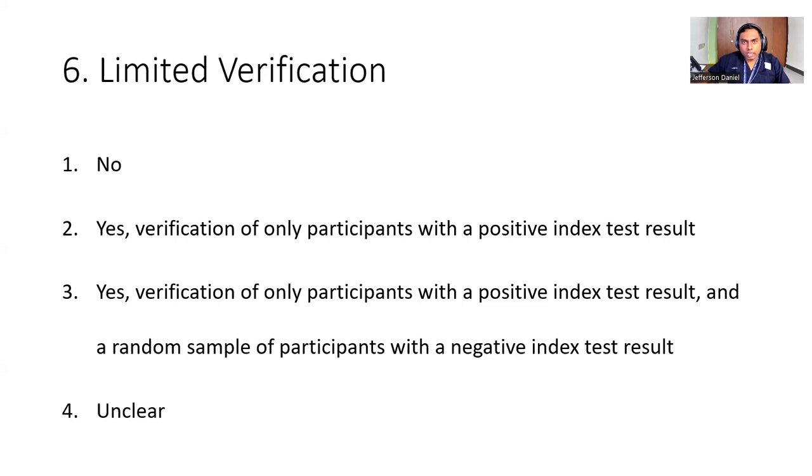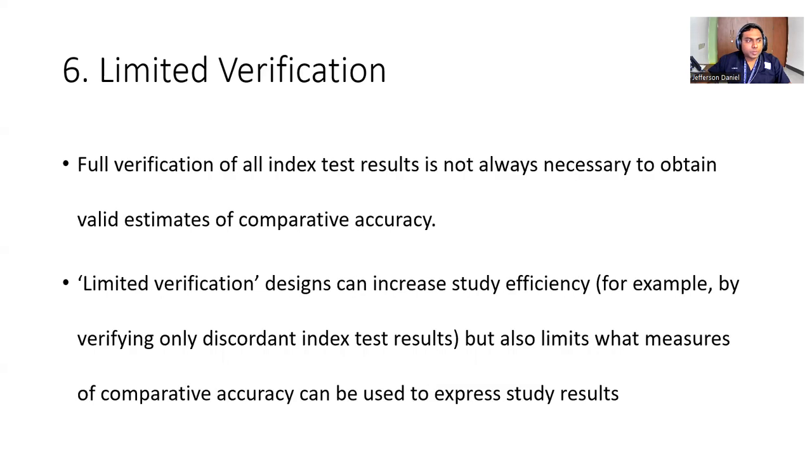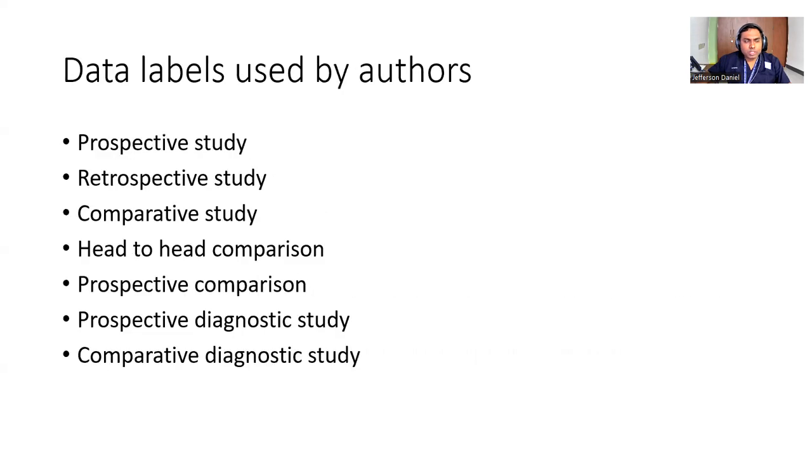Based on the study flowchart and based on how they have fared. So doctors, when they write their studies, may call it a prospective study, a retrospective study, or a comparative study. Head-to-head comparison of TrueNat and expert in diagnosing pulmonary tuberculosis. Prognostic diagnostic performance of D-dimer in pulmonary embolism.